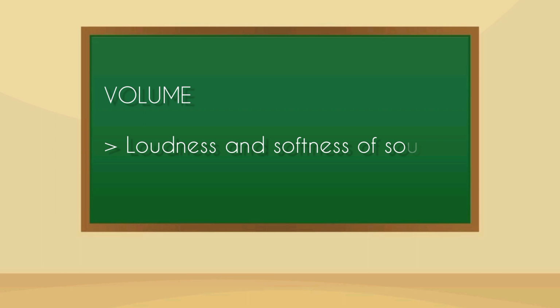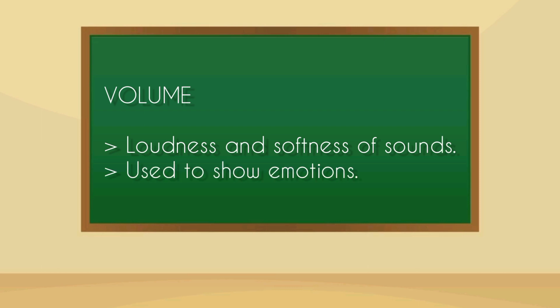Next type of prosodic feature is what we call volume. Let us all read. Volume refers to the loudness and softness of sound. It is also used to show emotions. I bet we're all familiar with what volume is, right? When we say volume, it refers to the intensity of the voice of the person who is speaking.